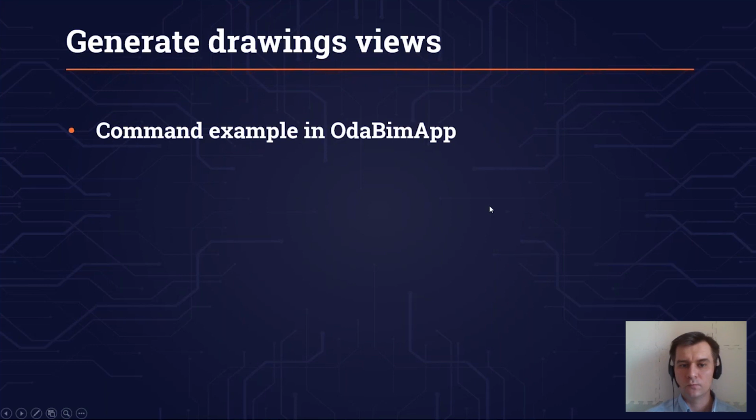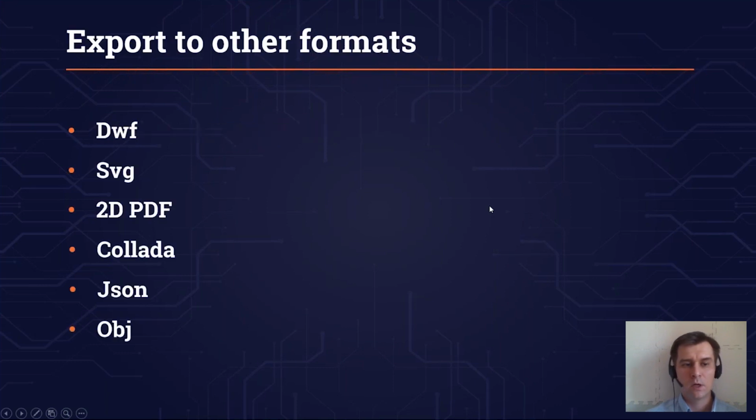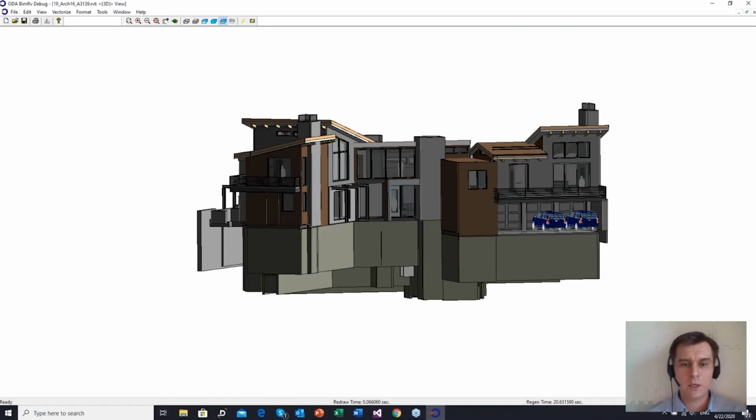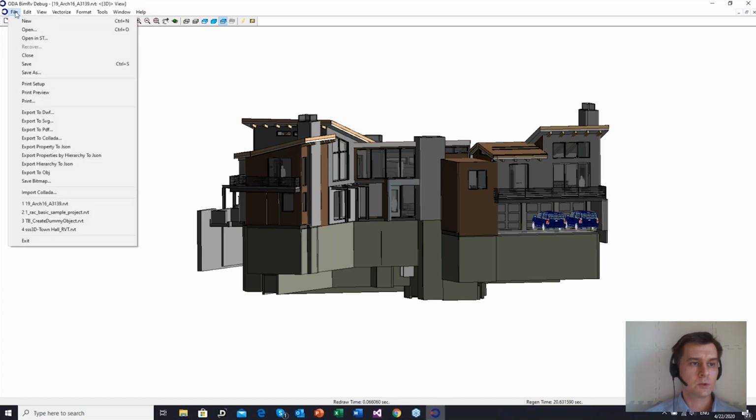So let's move on. Other useful capabilities that are available in the SDK and illustrated in the example are various exports to DWF, to SVG, to 2D PDF, to Collada, to JSON, and to OBJ. But currently the most popular one is export to JSON, and we will illustrate how it is possible.